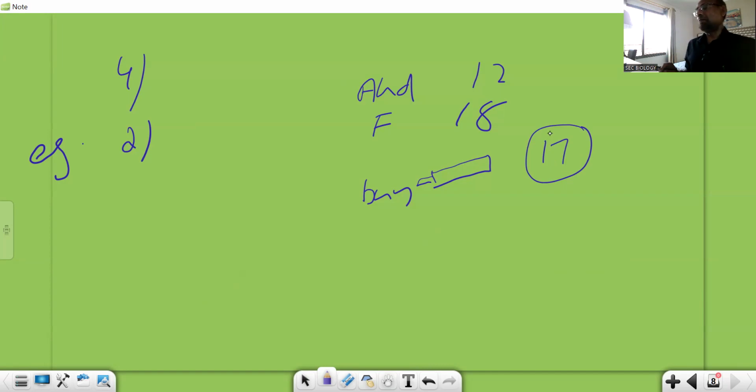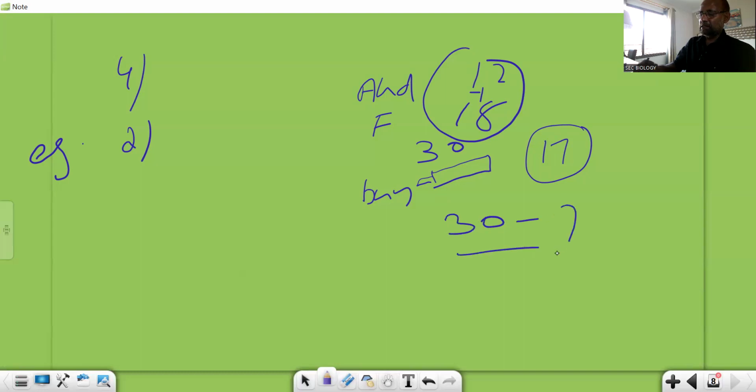The sum of the money Ahmad and Fatima gave, and subtract 17 from it. It is very easy. You have to add this one, that means this is 30. And we can do 30 minus 17. 30 minus 17.